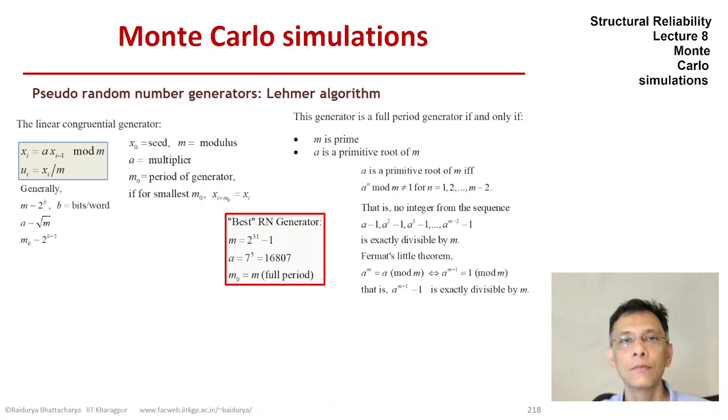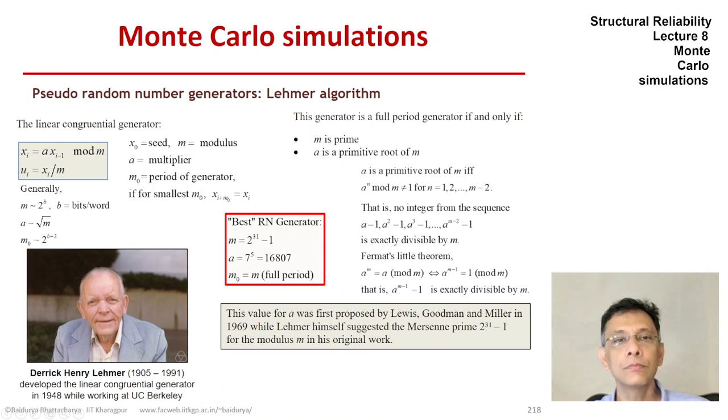set of parameters m and a, the best RNG, is found to be when m is the Mersenne prime 2 to the power 31 minus 1 and a is 7 to the power of 5. In this case, this generator is a full period generator, and m0 is m minus 1.